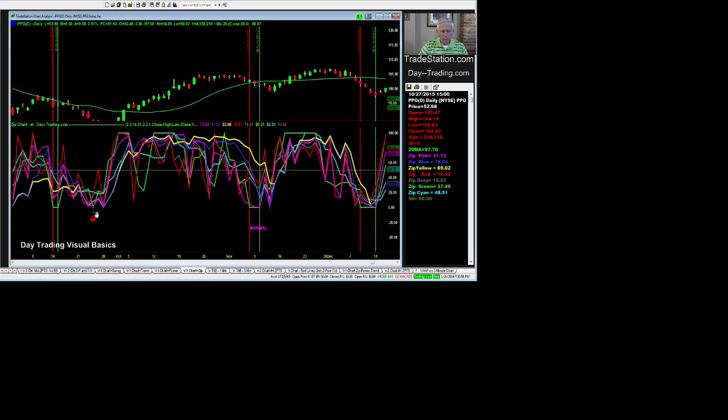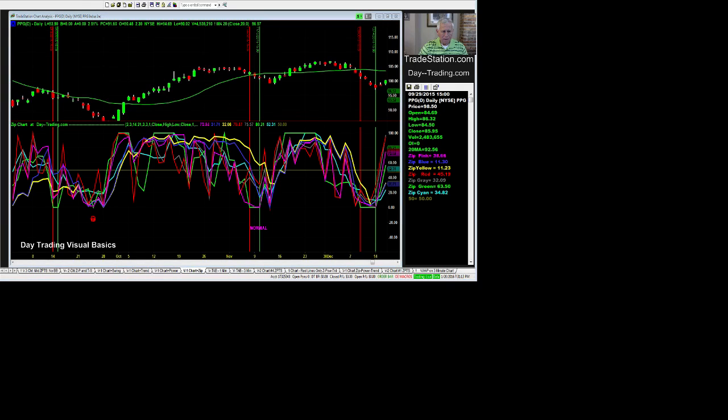You have a pinpoint green bottom here. You might want to say a pink-green bottom pinpoint, and the Zip Pink is at 1.42.